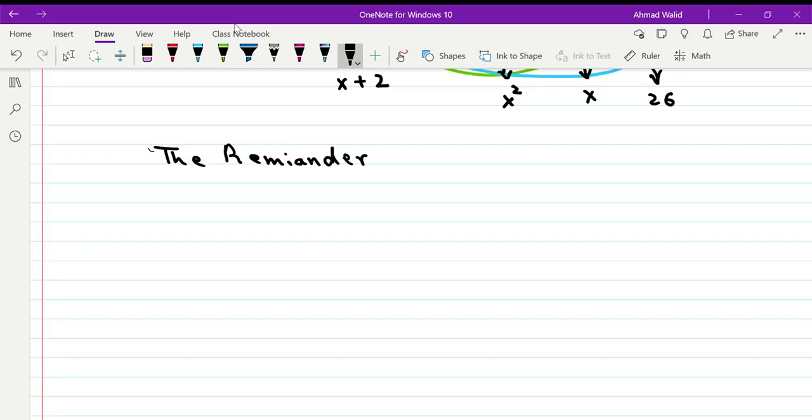The remainder theorem. What the remainder theorem says: if you have a polynomial in the form of f of x, and you divide this by x minus c, and the remainder is f of c, your remainder becomes f of c.